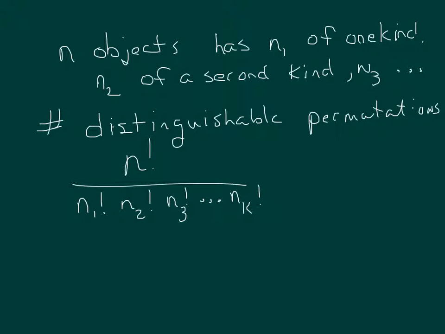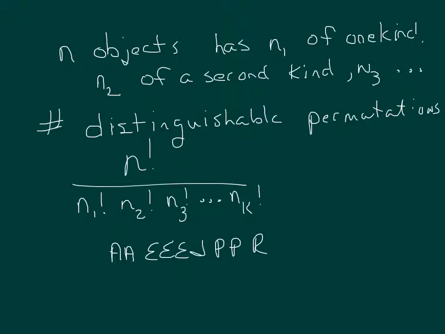And so if we had these letters, A, A, E, E, E, J, P, P, R, and I wanted to find the number of distinguishable permutations. How many letters are we dealing with here? We've got 1, 2, 3, 4, 5, 6, 7, 8, 9.